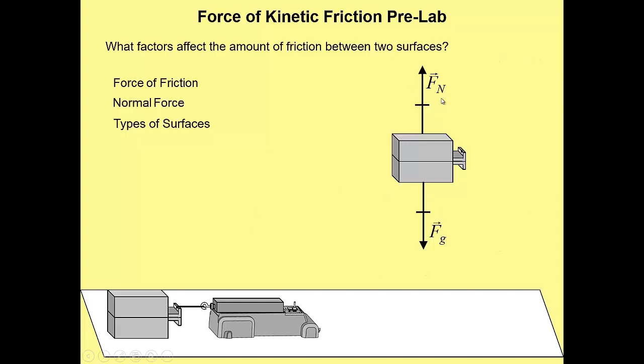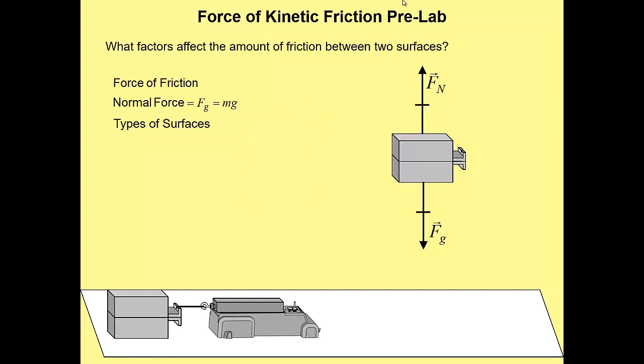So if I want to know how much normal force there is between the track and your block of wood, I just need to figure out how much that block of wood weighs. And again, we know how to do that. It's mg, the mass of the block in kilograms times the local gravitational field strength, which we know from earlier in the year is our old friend 9.8 newtons per kilogram.